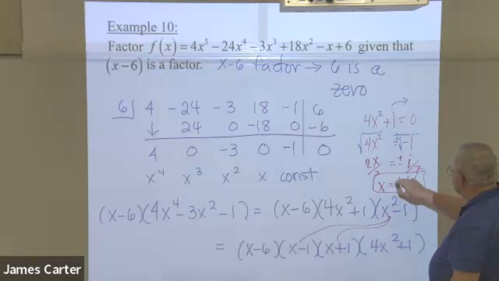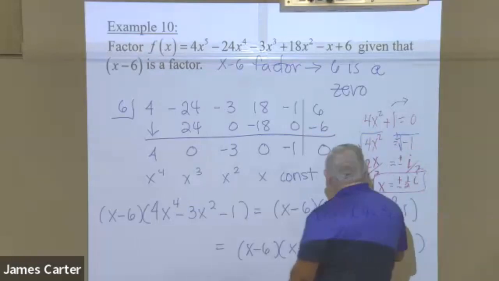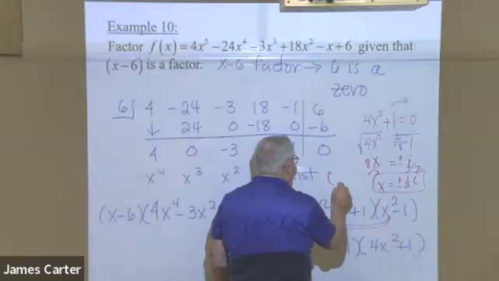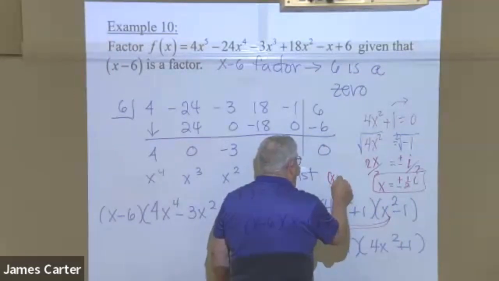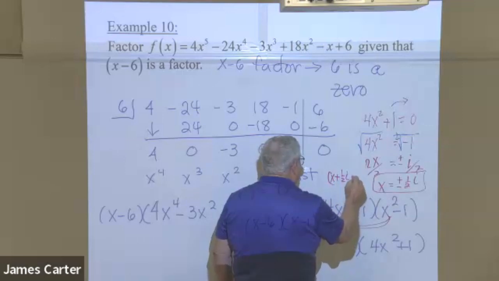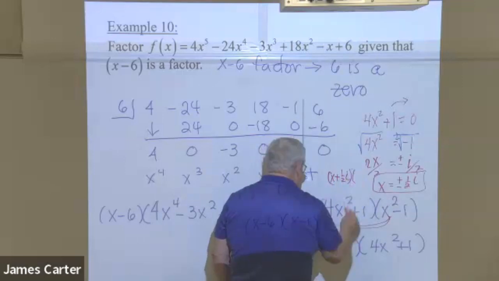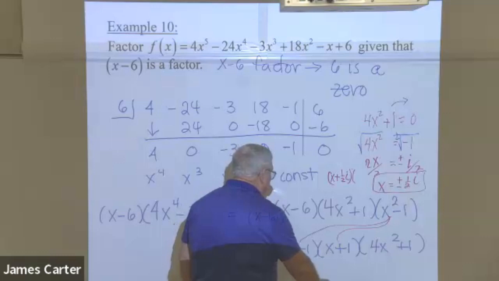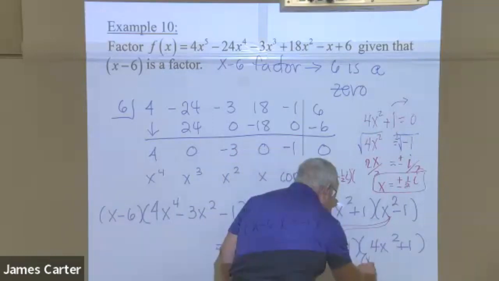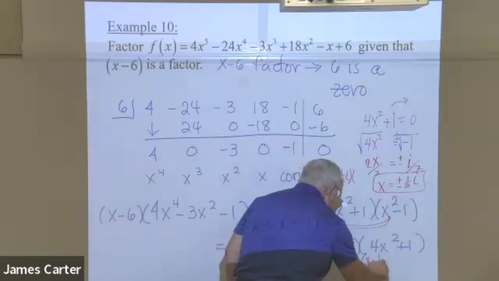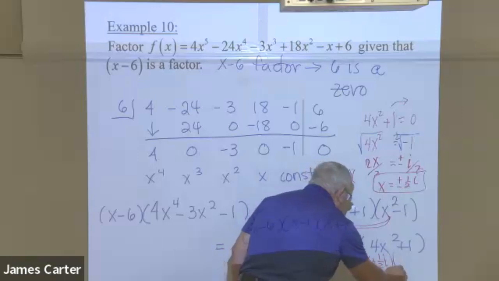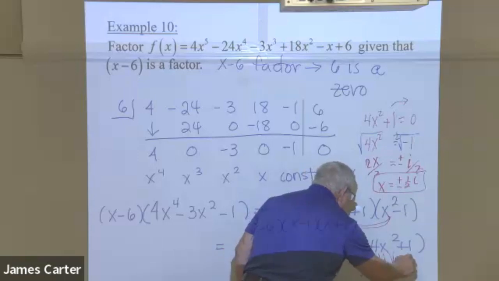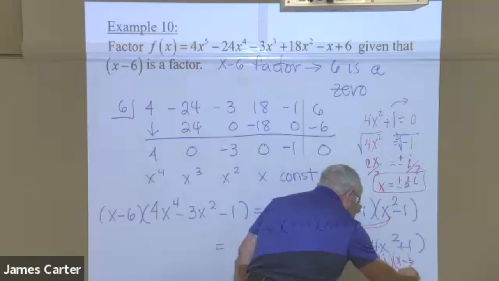Okay, what would this look like as a factor? Well, it would look like, let me write them down here, x plus 1/2 i and x minus 1/2 i.